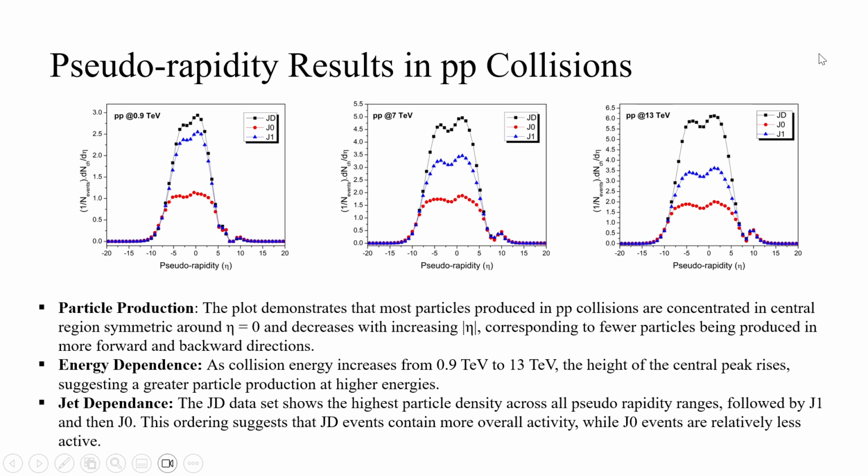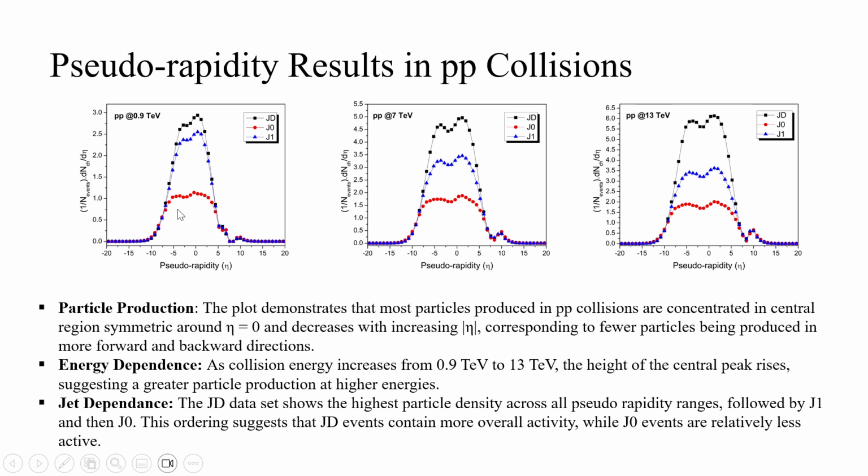Similar in this case, similar in this case. So you can say that this ordering suggests that JD events contain more overall activity. Understood? Why more activity? Because here is the highest particle density at JD, while J0 is relatively low because it has the lowest particle density.